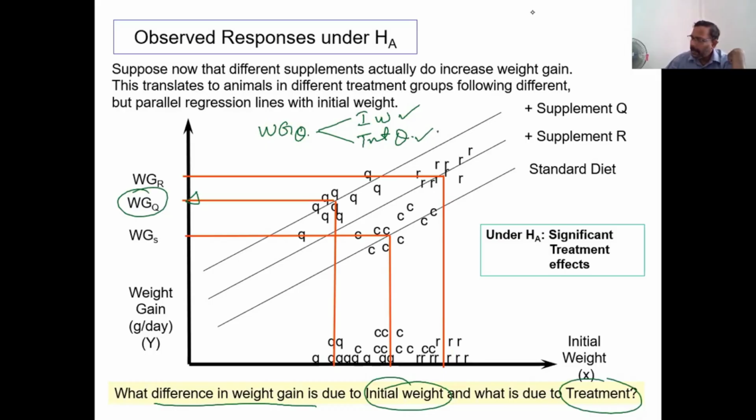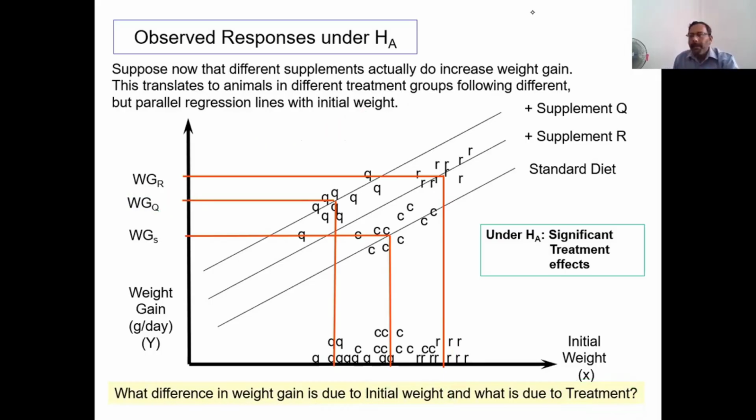You can follow this, and I will put this on the LMS also. Here, this is about the standard diet, this is about the supplementary R, and this is about Q, just for the explanation.